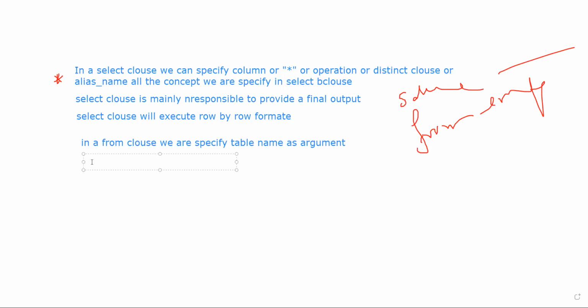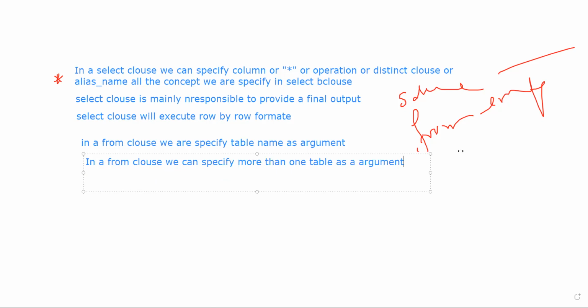And in a from clause, we can specify more than one table as argument. In a select from clause, we can specify more than one table as an argument.